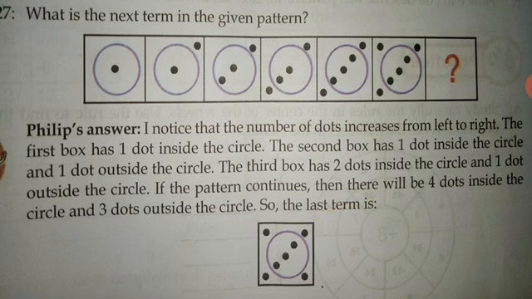Next is, what is the next term in the given pattern? In this one, there is 1 dot only, 2 dots, 3 dots in diagonal, 4 dots in diagonal, 5 dots in diagonal. And after this one, maybe the next step is another diagonal to make it an x.